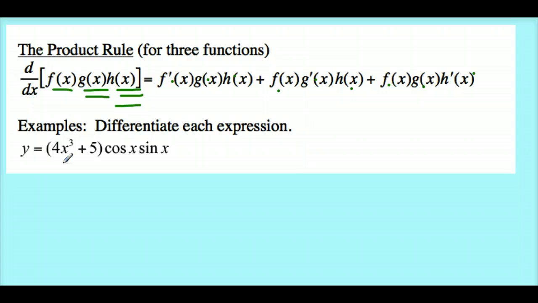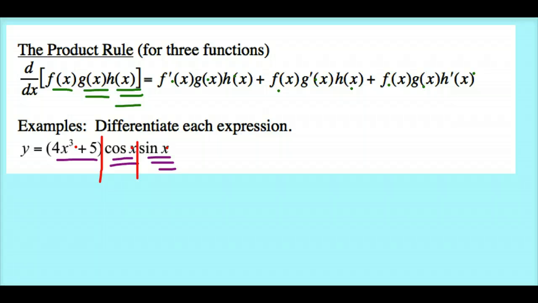So once I see those parentheses, that already gives me an idea that that's one term. Right? So this is 4x cubed plus 5 times cosine of x, so that's my second term, times sine of x. If you notice, every time I broke this apart, there was an x that separated them. So there's an x in this piece, there's an x in this piece, and there's an x in that piece.